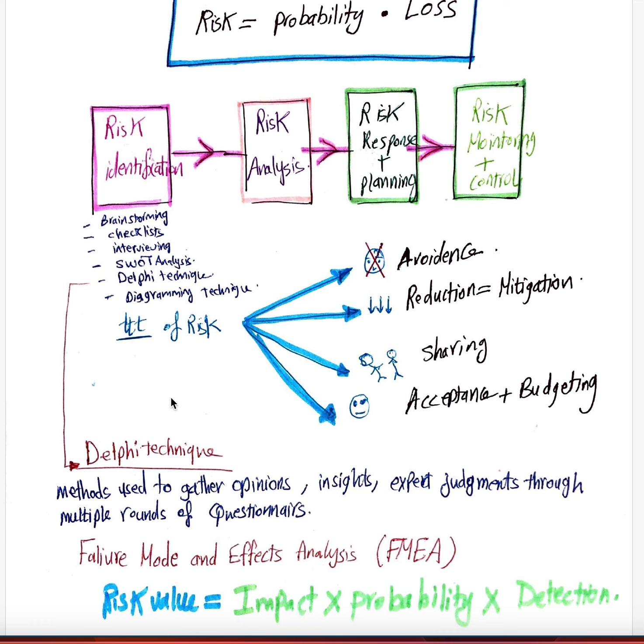The treatment of the risk is by avoidance, or reduction, which we can also call mitigation, or sharing, since sharing the risk reduces it, or acceptance and budgeting. We can accept the risk because it doesn't affect our system, and then budget for it. That's how we deal with the risk.